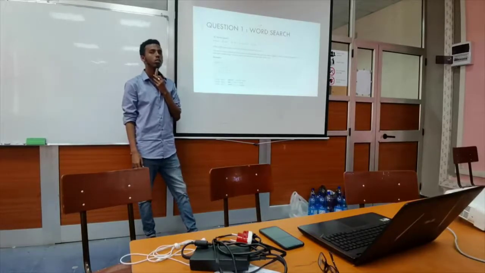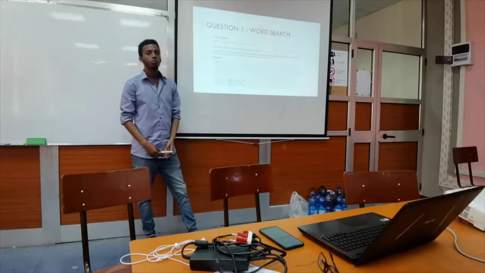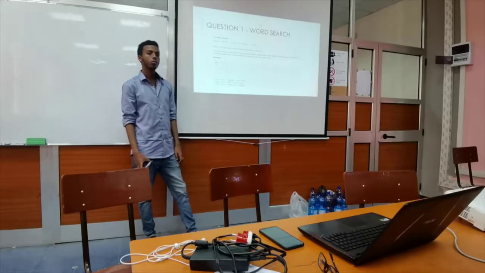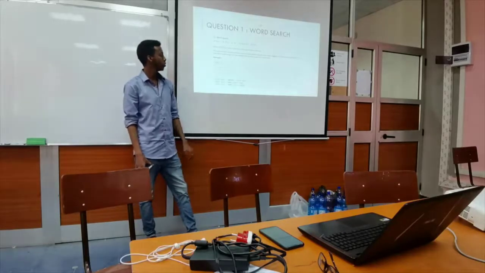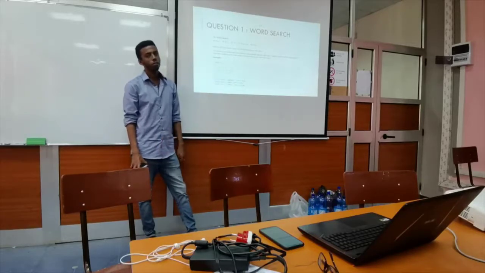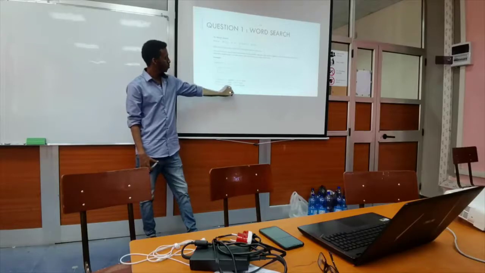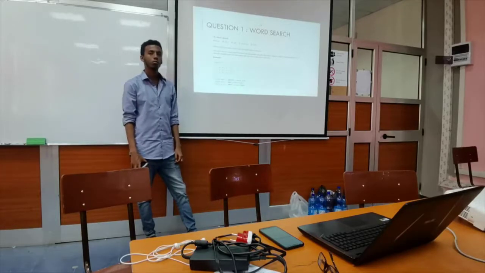I start iterating over the board, and whenever I find the first letter of the word inside the board, I start doing DFS from it. Each time I do DFS, I increment the index of the word by 1, and I check if the next letter is available from the neighbors. I look for B in this example, and if I can find B, I do DFS on that, and only if that DFS returns true, I just return true immediately. I don't need to go any further, I just need to know that it exists.